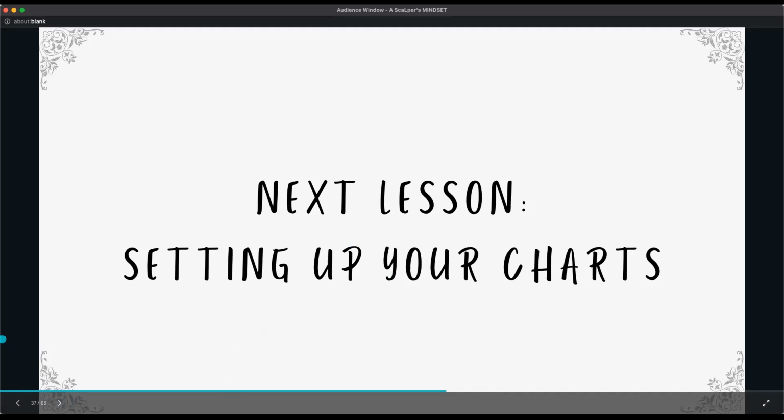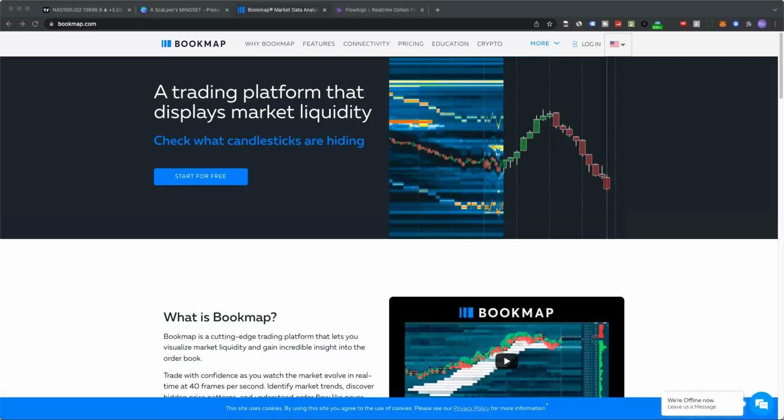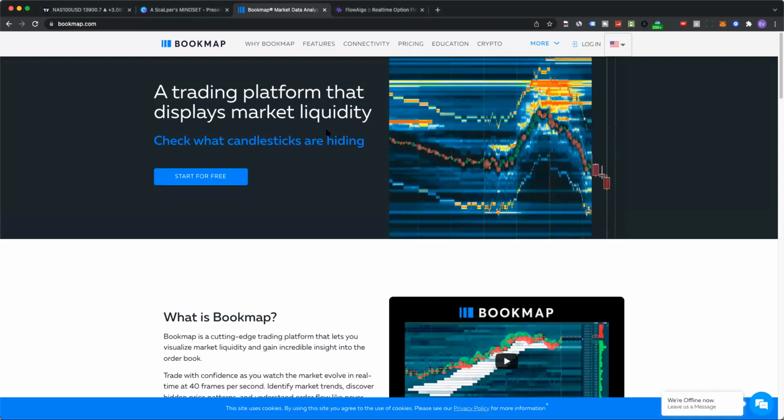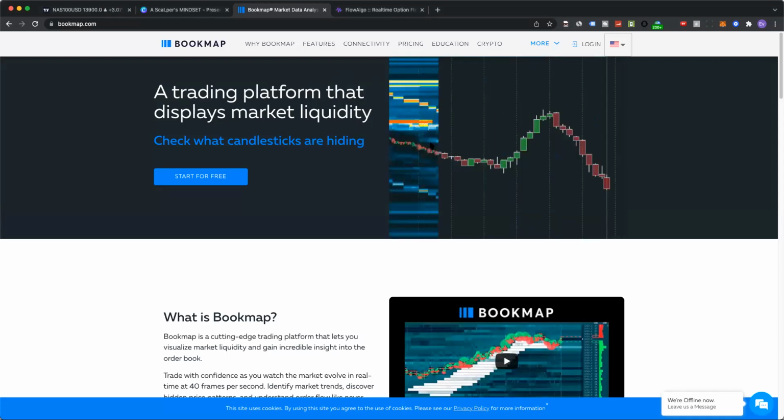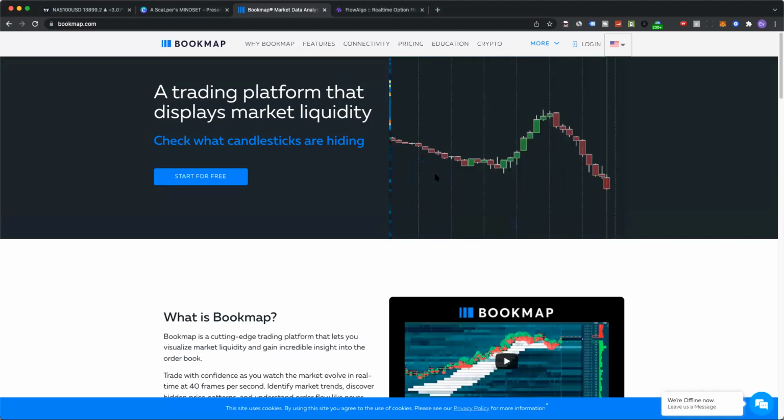Okay. So let's go into a new window real quick. Okay, this is Bookmap. This is going to let you see a lot of data that you're not able to see with TradingView.